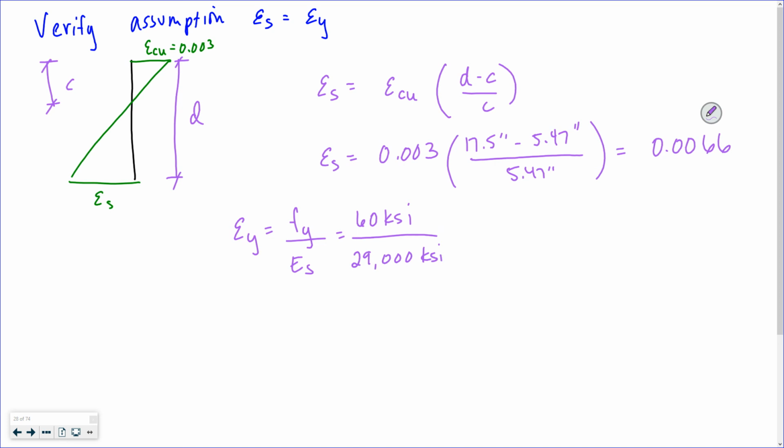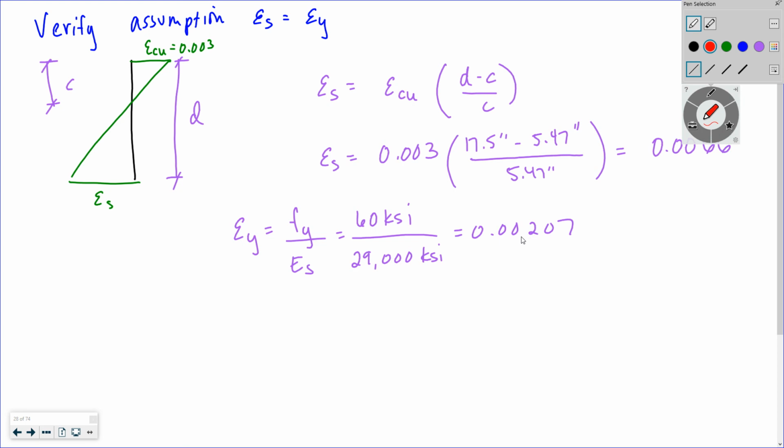Commit that to memory, okay? If you don't have it memorized already. So 60 divided by 29,000, 0.00207. This is a number that you will probably use multiple times in this class. 0.00207.